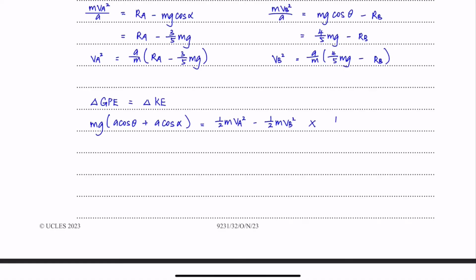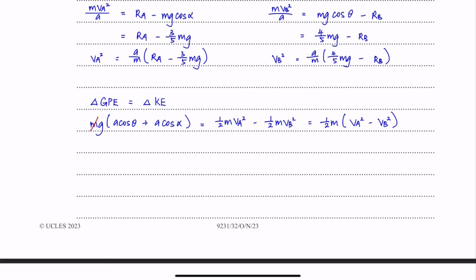So it's not equal to half m times Va minus Vb squared. Okay, this is not it. To make it easier, I would write it in this form. This is just an explanation, okay?